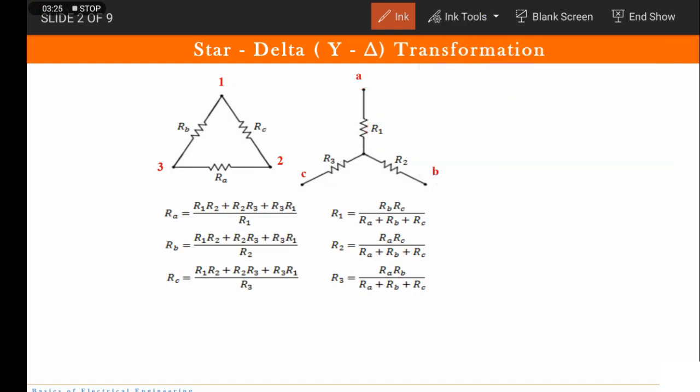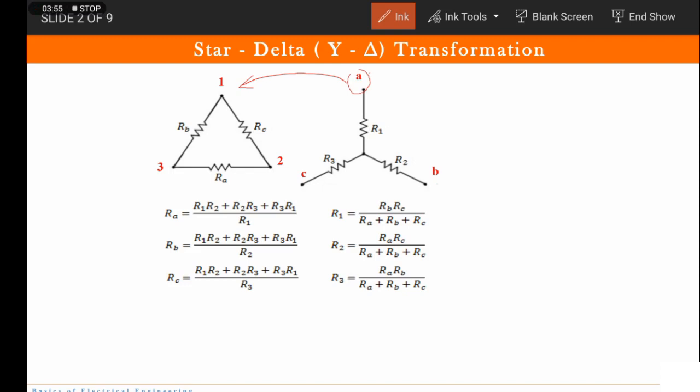Now suppose I have to calculate RA. Now A corresponds to point number 1. Fine. So what I will do is I will multiply all these resistors. How to multiply it? We have to multiply it like R1 R2 plus R2 R3 plus R3 R1. And since A corresponds to 1, you have to divide this whole by R1.